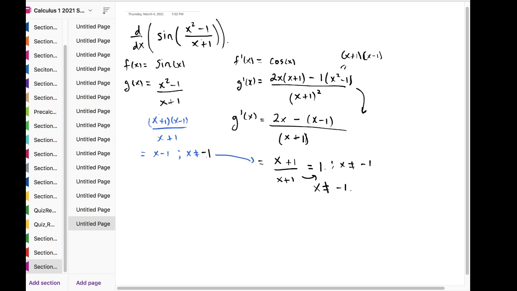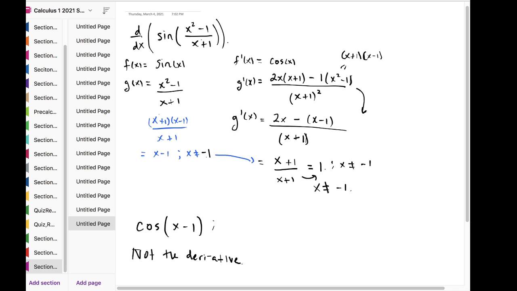Okay, so let's do the derivative. So it would be cosine. And surely we can put x minus 1 as long as we say that it can't equal negative 1. Yeah, so here's the big problem. This is not the derivative. Right?